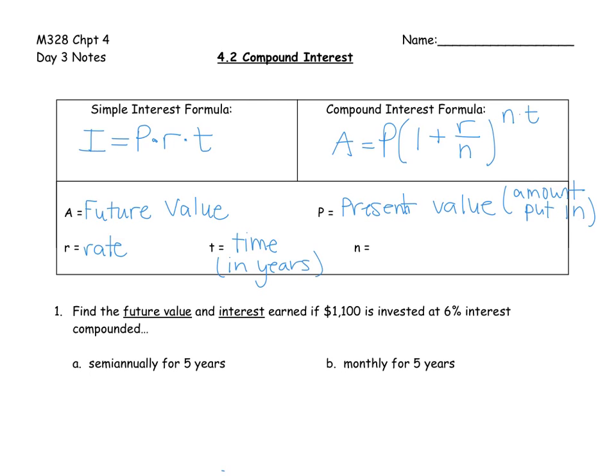Therefore, if they say something like it's in there for 6 months, you would not put 6 because that would represent 6 years. You would put in 1/2 since 6 months is a half of a year. And N is the number of times compounded per year.